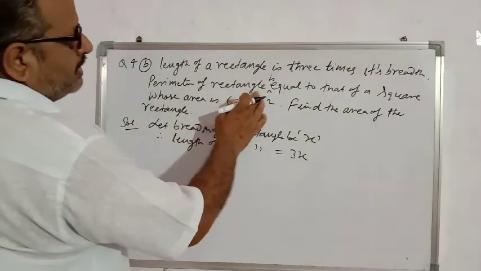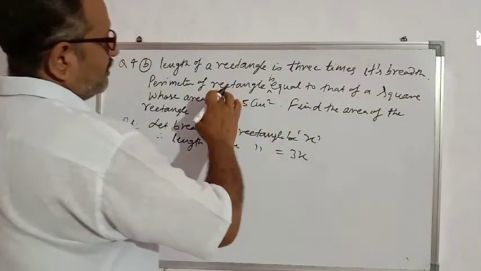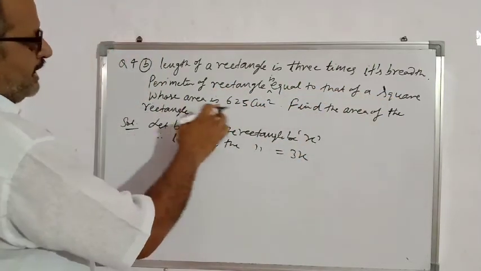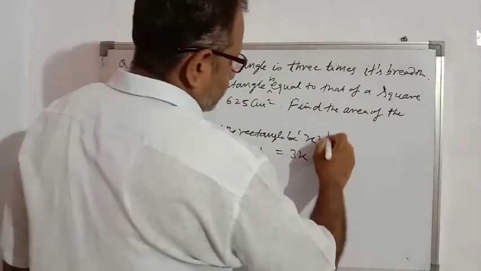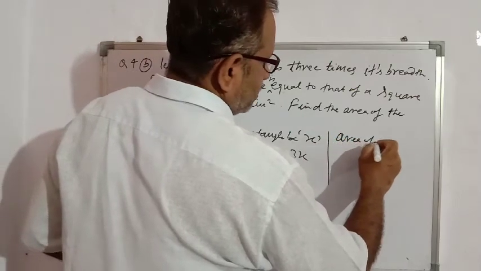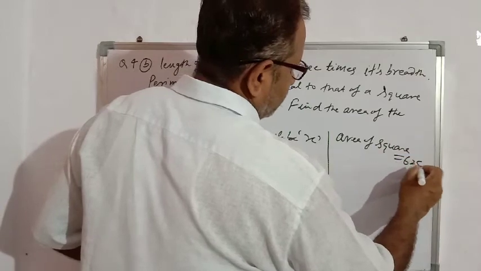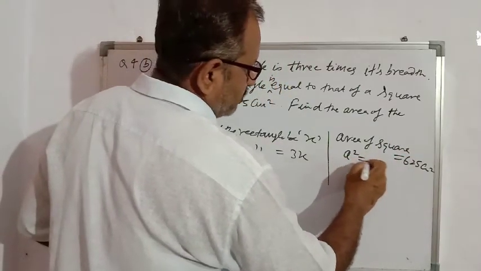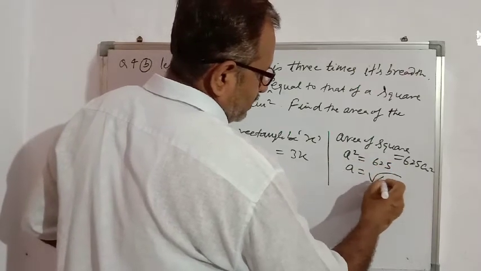Perimeter of rectangle is equal to the perimeter of a square whose area is 625 centimeter square. So area of square is equal to 625 centimeter square. Area of square means side square. So a square is equal to 625. What will be a?